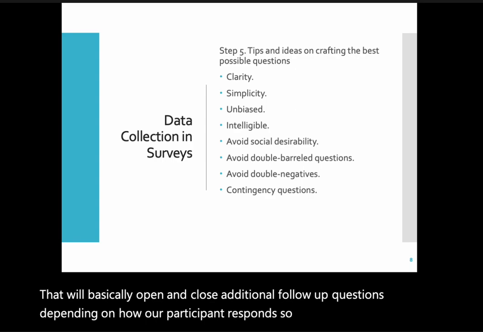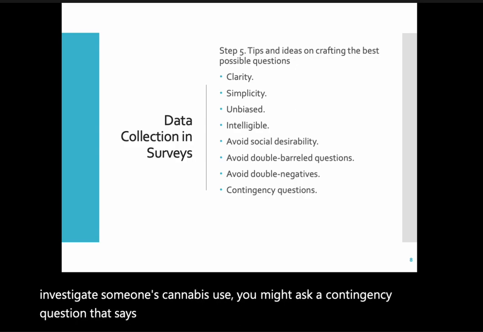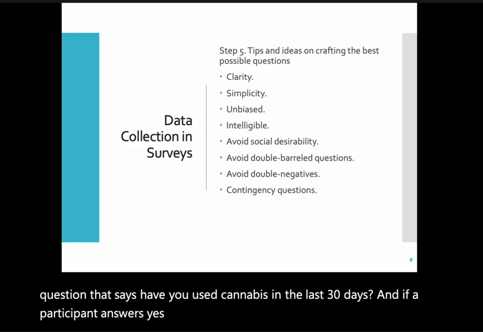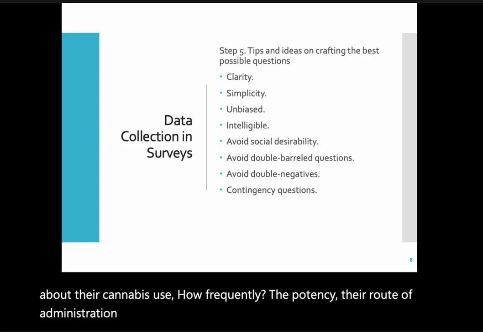So if you are wanting to investigate someone's cannabis use, you might ask a contingency question that says, have you used cannabis in the last 30 days? And if a participant answers yes, it will open a new set of follow-up questions about their cannabis use. How frequently, the potency, their route of administration, how they're accessing their cannabis, all of that.